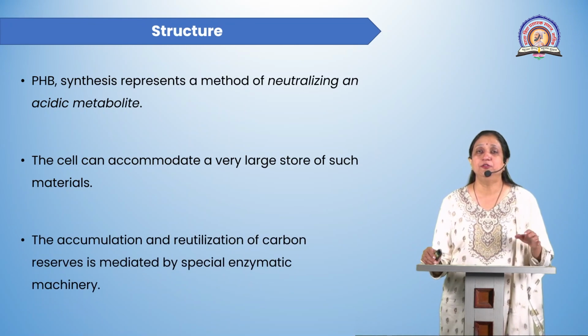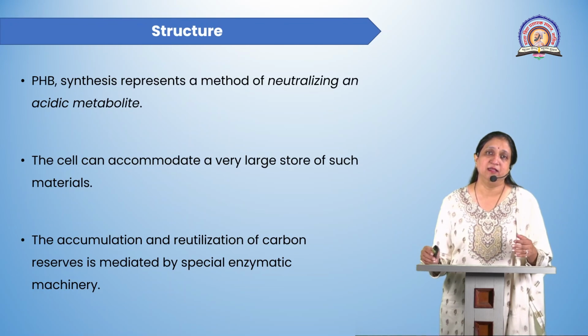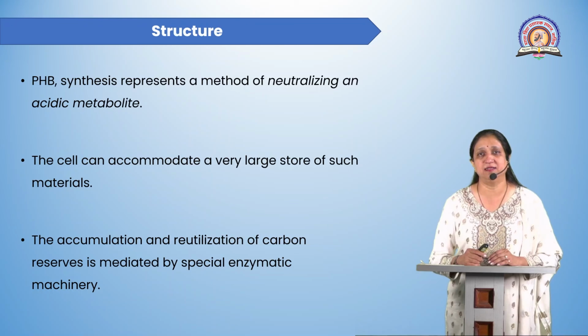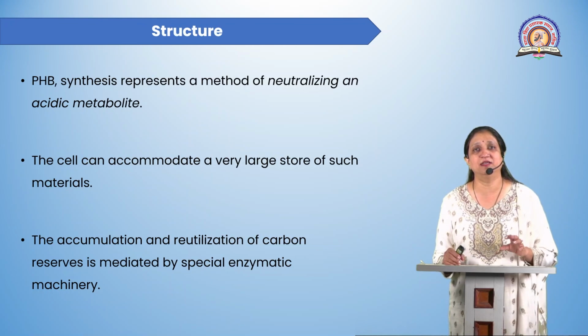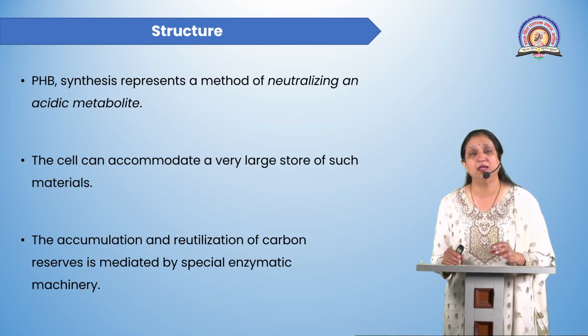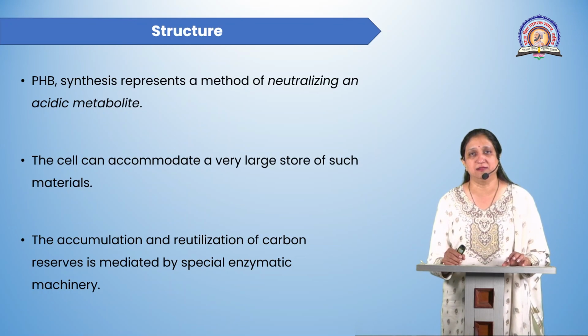And therefore, it is necessary that the acidic charges on the butyric acid, which are usually because of the COOH group, the carboxylic group in the structure of the butyric acid, be neutralized.